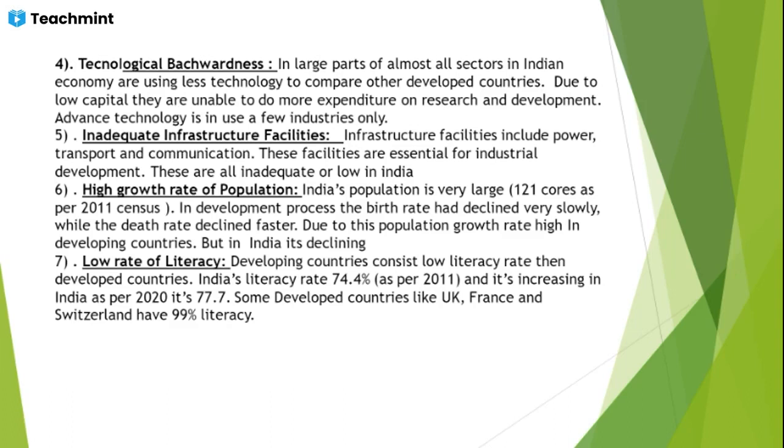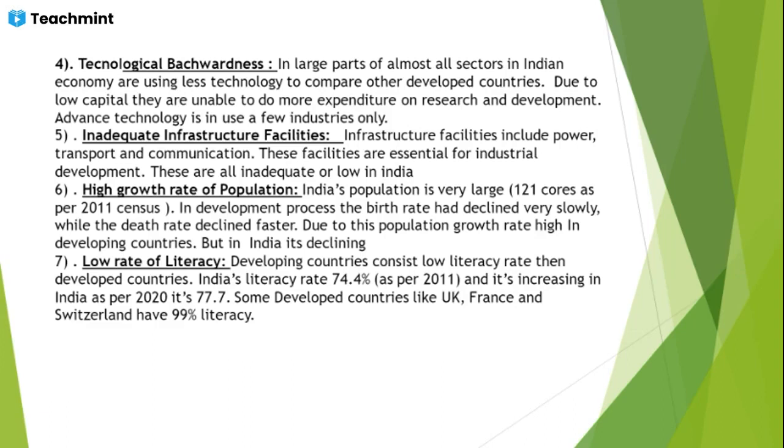What is the fifth one? Inadequate infrastructure facilities. That means less infrastructure facilities. All developing countries have less infrastructure facilities. So what do infrastructure facilities mean? Infrastructure facilities include power, transport, and communication, etc. Power means electricity, transportation facilities like roads and highways, and communication facilities.